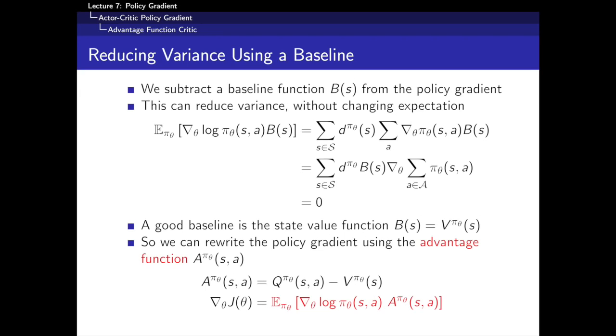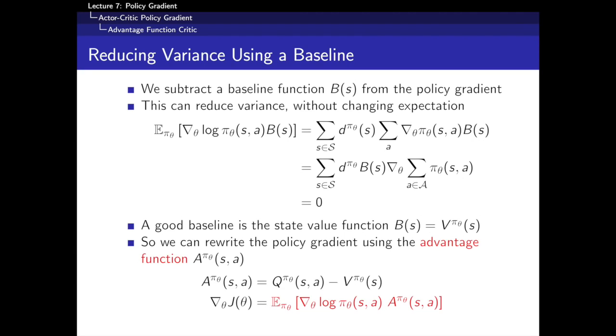So it's completely legitimate to add or subtract any term of this form. What that means is, if I go back, whenever we had our value function here, this was our policy gradient theorem, and our policy gradient theorem told us that the direction we really want to move is this score function multiplied by q.